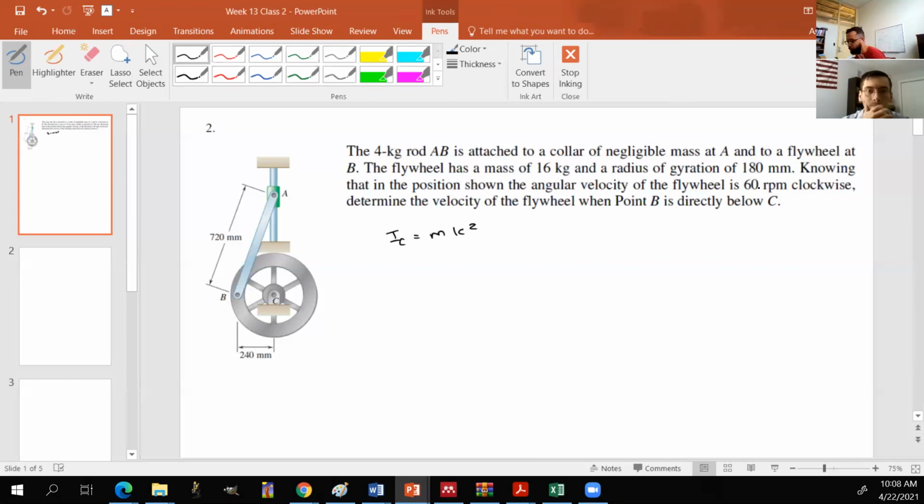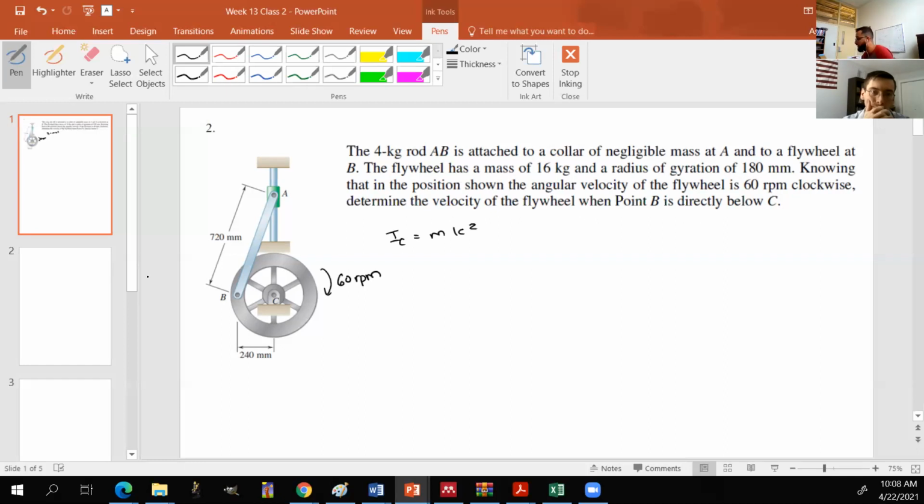That's just the definition of radius of gyration. So you're told that in this position that's shown, the angular velocity of the flywheel is 60 RPM clockwise. So it's 60 RPM like that. And you're asked to find out the velocity of the flywheel when this point is directly below here.